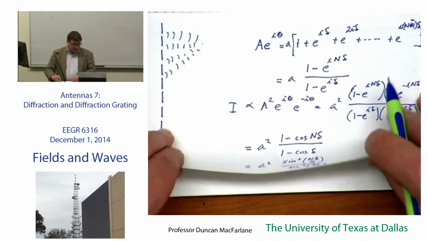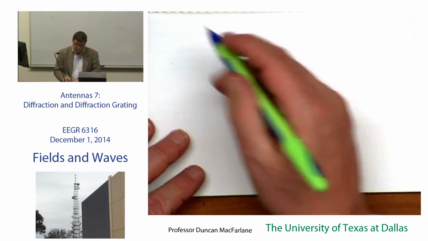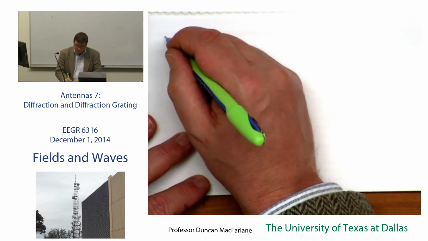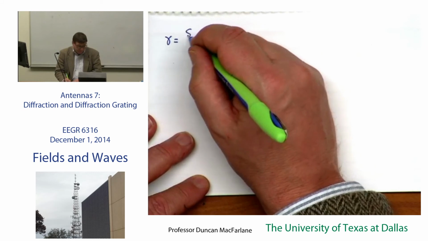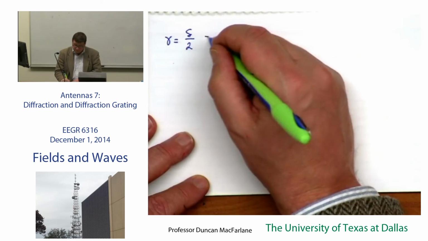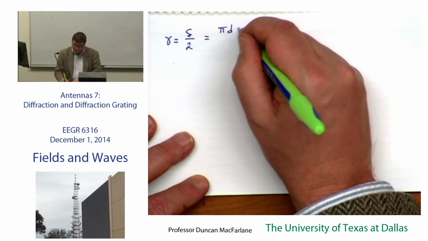And the hard part is, what is delta? Well, our gamma is equal to delta over 2, which is pi d sine theta.